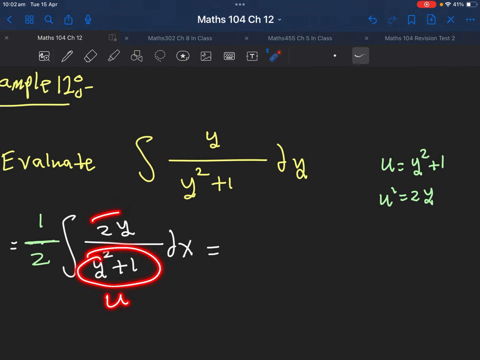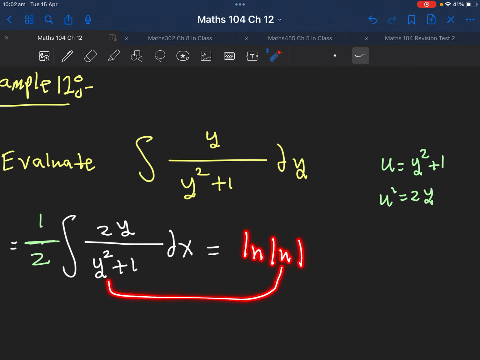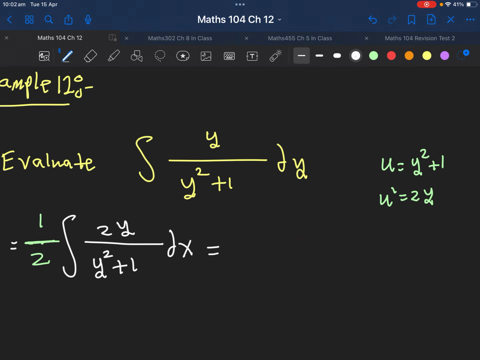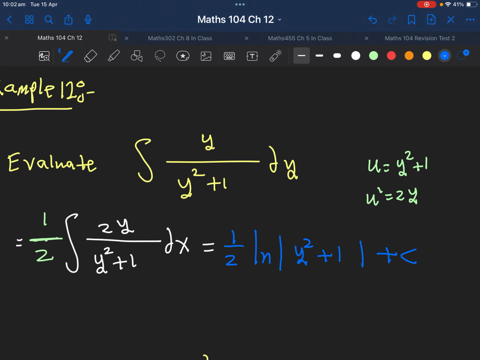So this is u and this is u prime. So the answer will be just ln absolute value of u. What is u? It is whatever is in the denominator. So the final answer will be just 1 over 2 ln absolute value of y squared plus 1 plus a constant of integration.